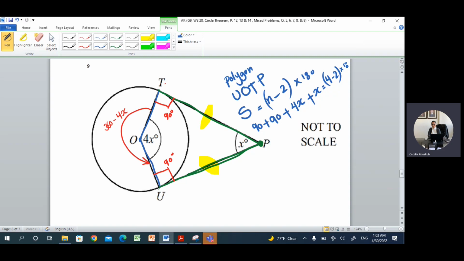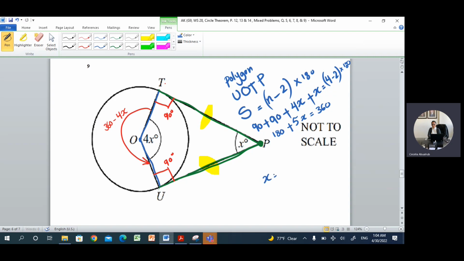So we have an equation right now with one unknown, which is x. So what we need to do is to collect like terms. So 90 plus 90 is 180 degrees, plus 4x plus x is 5x, is equal to 4 minus 2 is 2 times 180 is 360. So in order to solve a linear equation with one unknown, which is x, we need to apply opposite operations. So minus 180 minus 180 and then divide by 5.